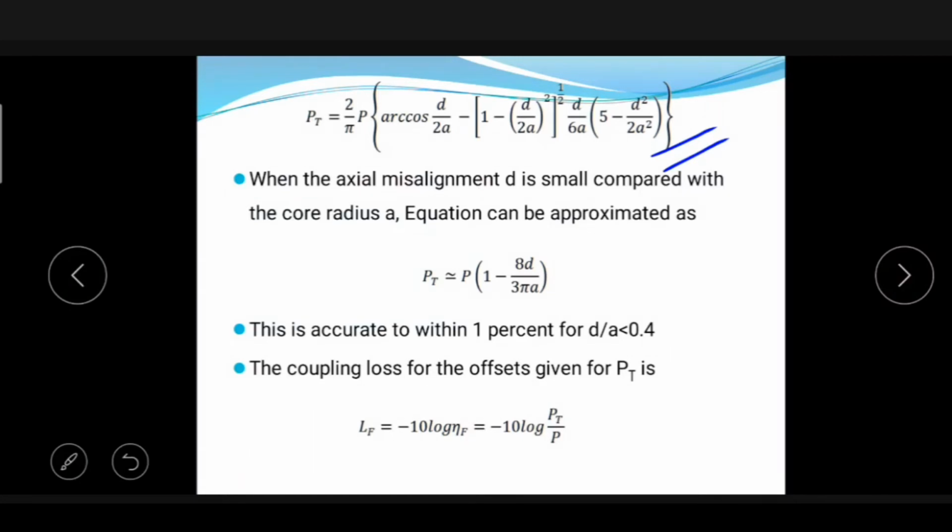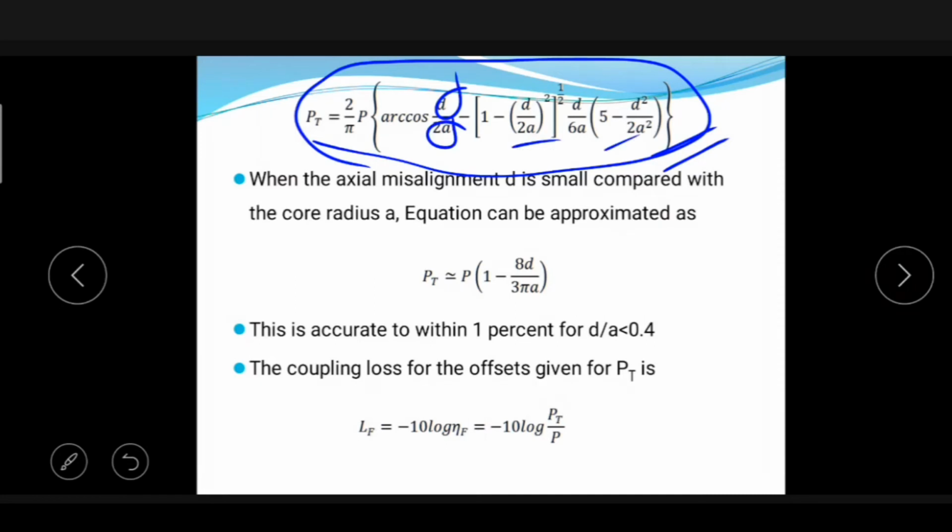And there might be a problem to find the total power due to the axial misalignment in a fiber, so this has to be used to find PT in a problem. Nothing is difficult in getting the result for this PT. You should know what is D and what is A, the same in each and every term here, so we can easily find PT.